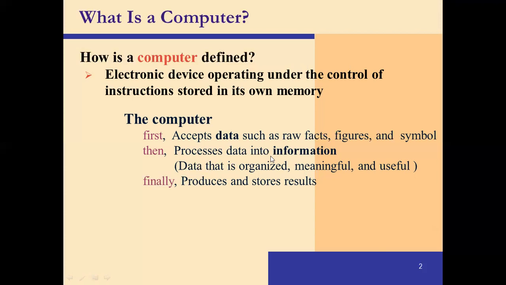First accept data, then process the data into information, giving it meaning. The purpose of the data is that it can be processed and then have a meaningful result. Finally, it will give us the result and store the result into memory. Memory will be RAM. Have you ever heard about RAM? Yes. RAM is basically random access memory. It stores random data for a short period of time. When you restart your computer, it erases its memory and becomes empty to give a boost to the computer.